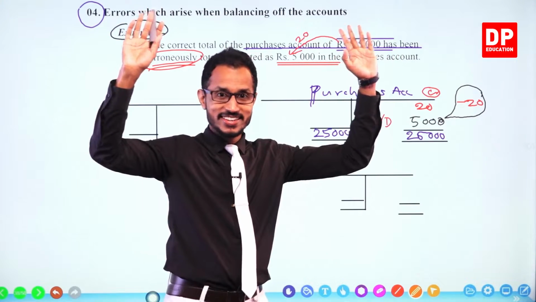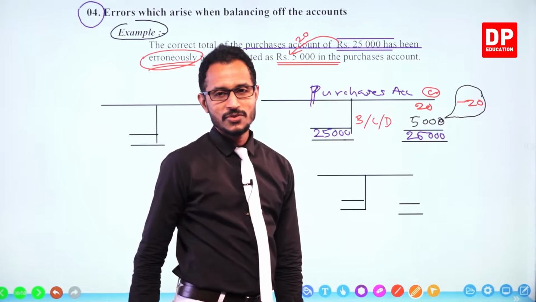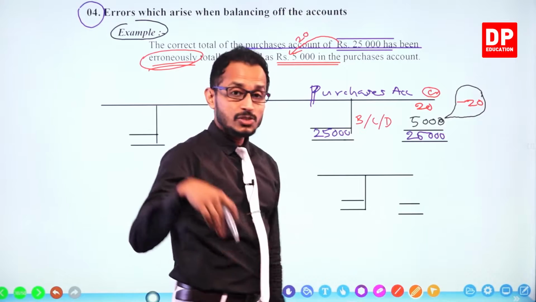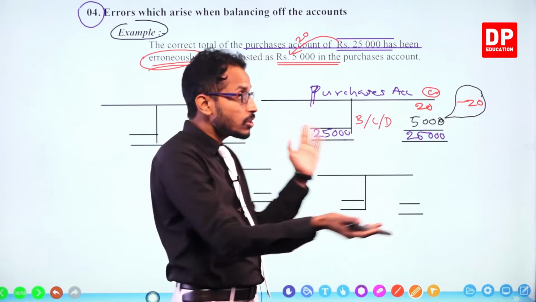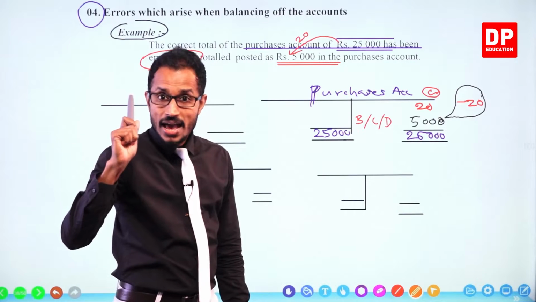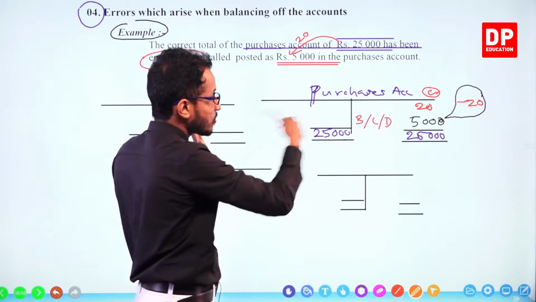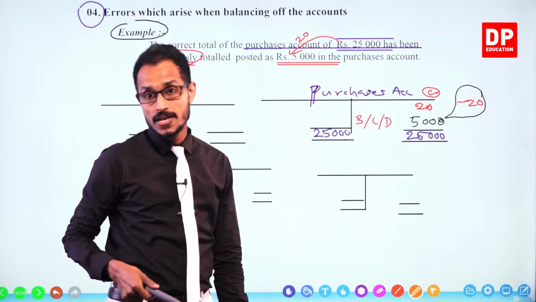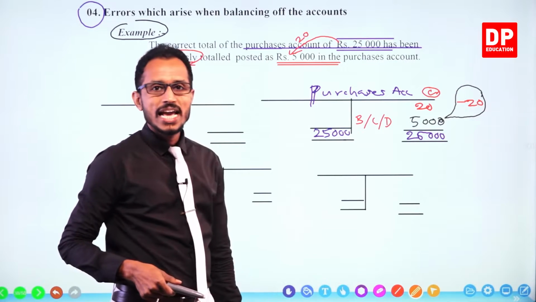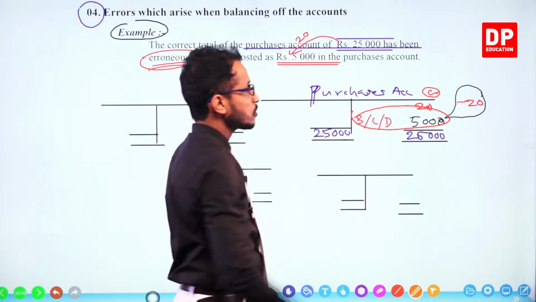Oh, wait. No, it's wrong. That's not how you think. That's why I explained with all those ledger accounts on the screen in the very beginning. Not the balance carried down, the BCD, we take to the trial balance.